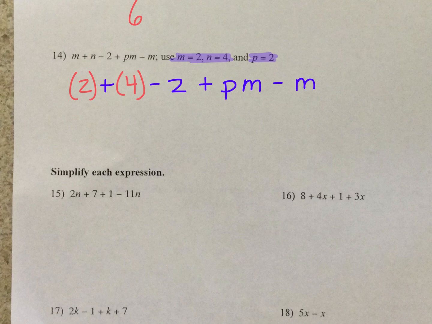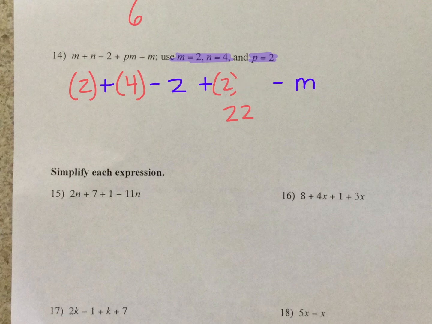Now here's where the parentheses come in as very, very important. If I don't put parentheses around P and M, I'm going to replace it with a 2 and a 2. I end up with a 22, which is not correct. But if I put the parentheses, the P becomes a 2. The M becomes a 2.